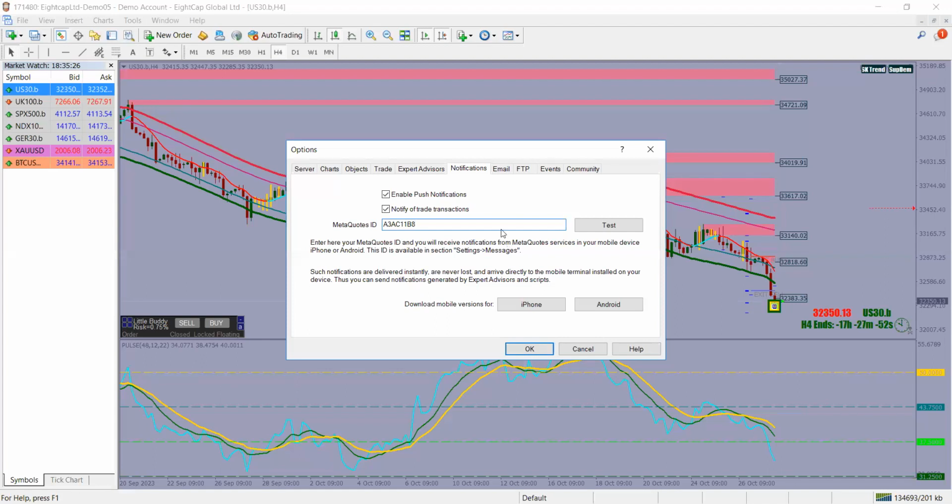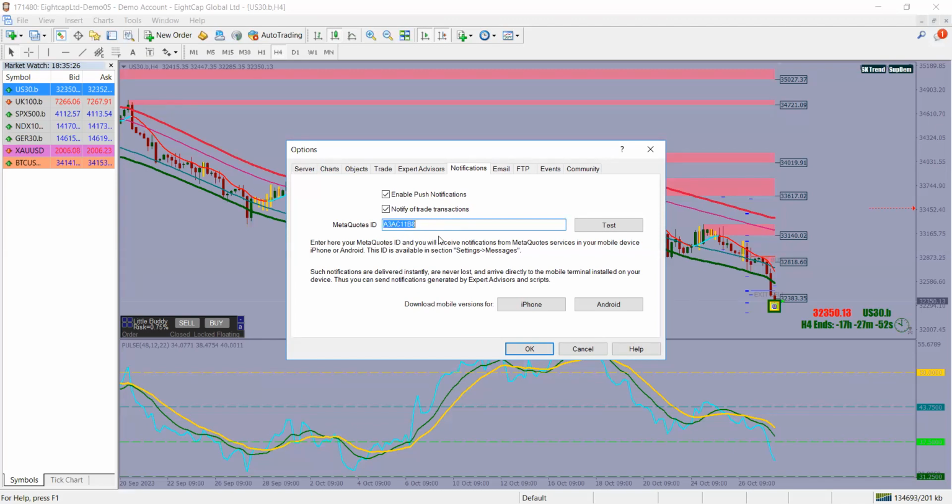Okay, so for example, if you're on an iPhone, when you go into MetaTrader 4, you go into settings. There's a settings icon that you can click on the bottom of that screen. Then on that settings, I believe you would go into messages, and then you would see something similar to this.